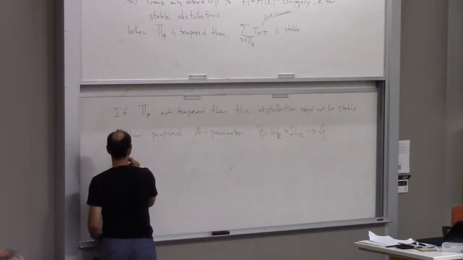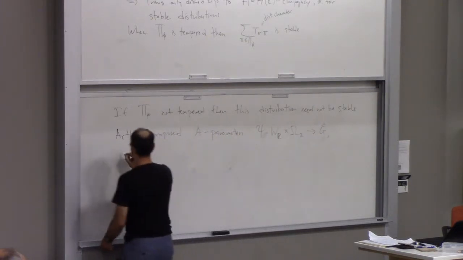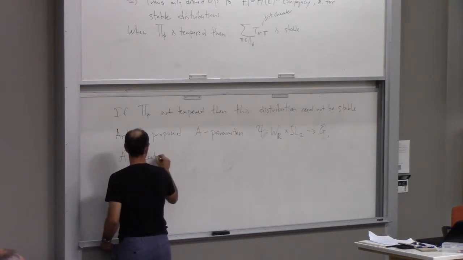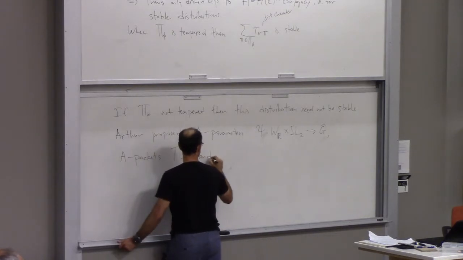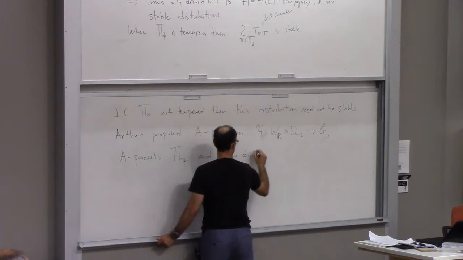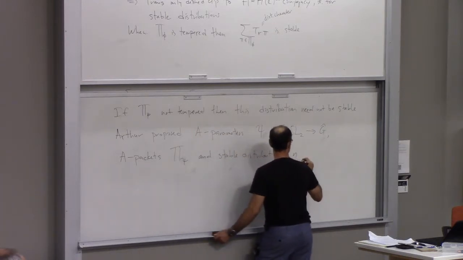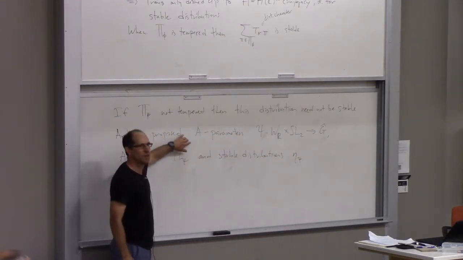A parameters, A packets that correspond to these things. And stable distributions. I call it beta C.